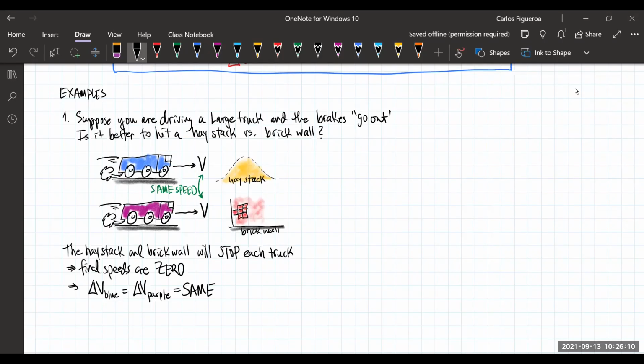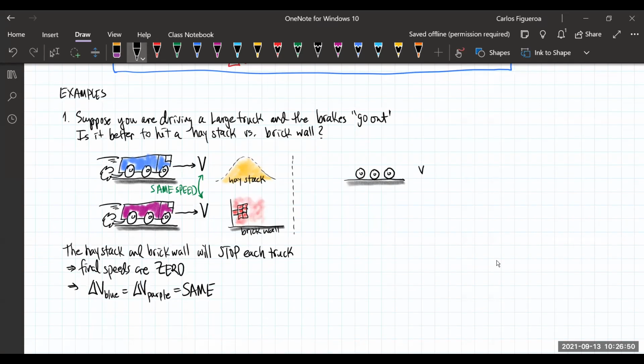So now let's draw the pictures here. What's going to happen? You're going to stop the truck. When it hits the hay pile, there's enough hay in the haystack to stop the truck. So picture-wise, what do I see here? Well, I'm going to see a big mess, right? When I look at the truck, it is now not moving.